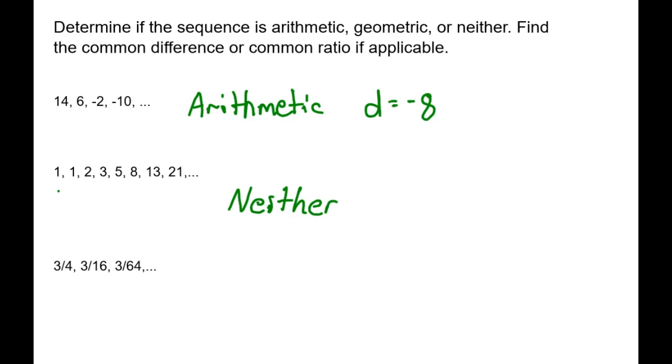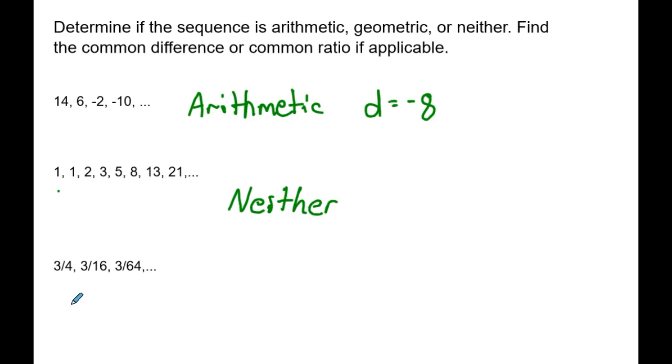Now to the last sequence, we go from 3/4 to 3/16 to 3/64, and then that pattern continues. I notice each time that my numerator is staying the same. It's 3. So now I just focus on the denominator. I go from 4 to 16 to 64. So to go from 4 to 16, I would have to multiply by 4. To go from 16 to 64, I would have to multiply by 4.